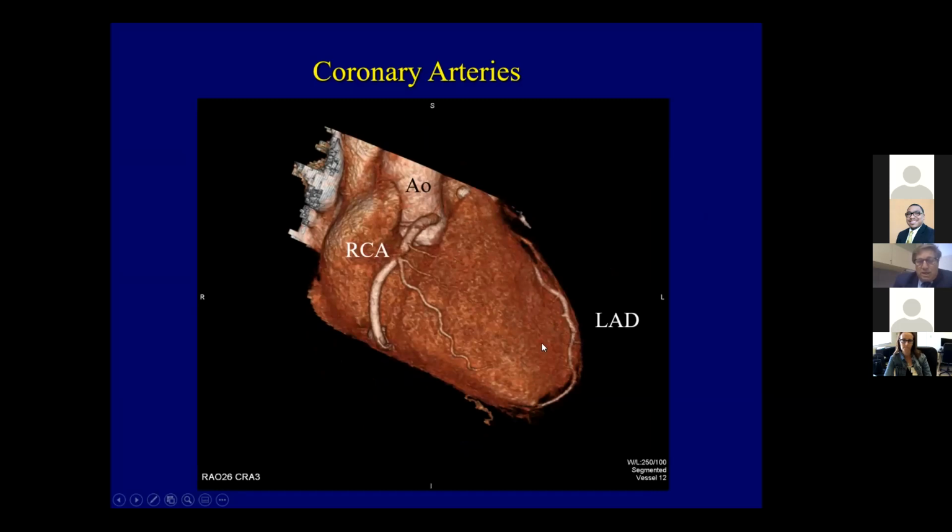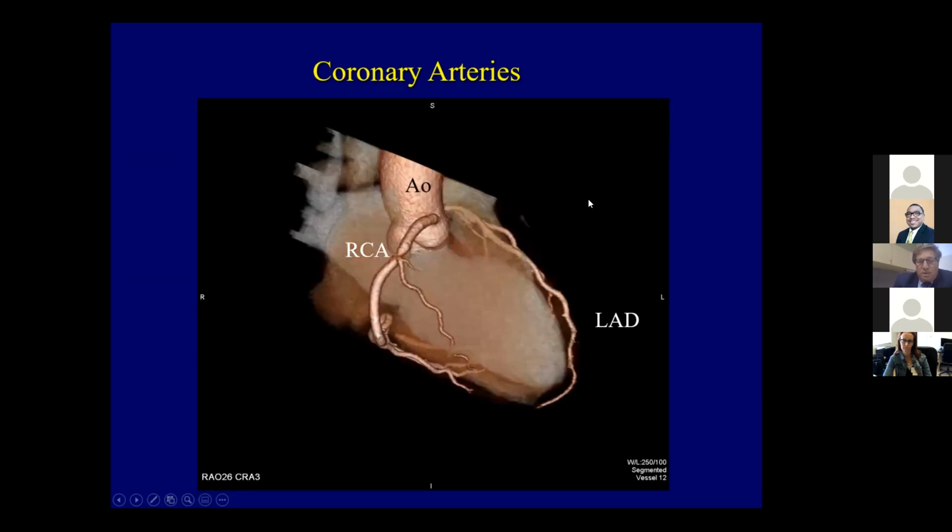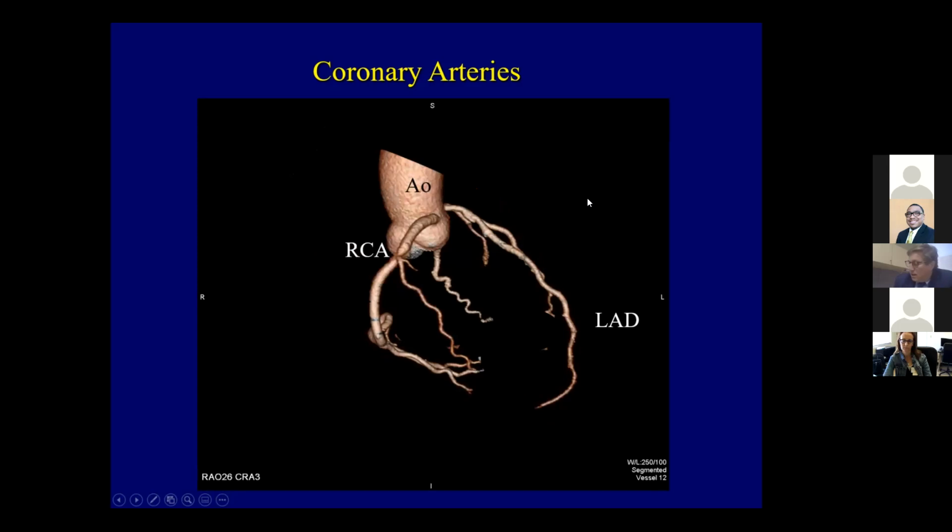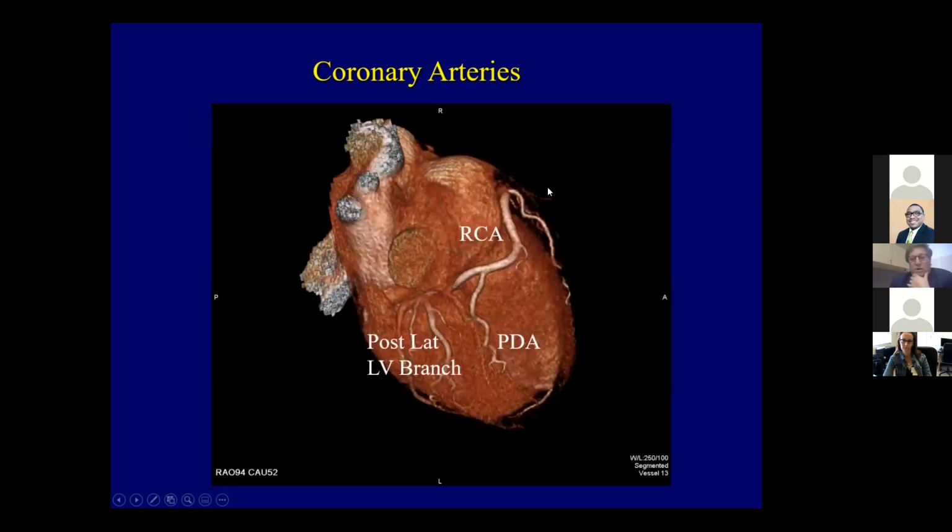This is just looking at it from basically a side view, and we're going to see our LAD wrapping around our RCA and ultimately our circumflex coronary artery, and just light them up and slowly peel away our cardiovascular structure.